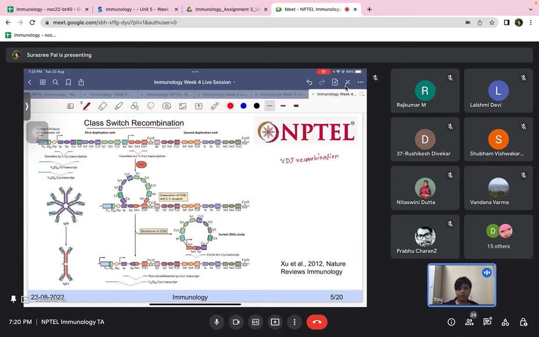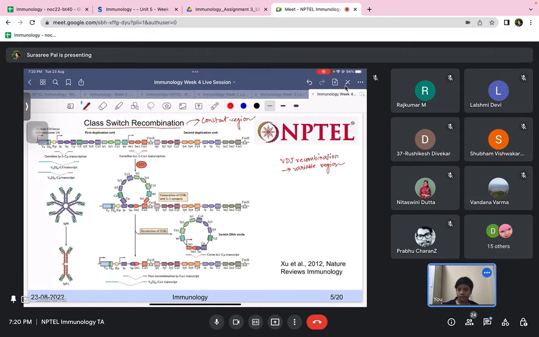What does it help in, or which part of the antibody? Variable region. Yes, the recombination of the variable region. Whereas this class switch recombination is for the constant region of the antibody. This recombination takes place in the constant region.